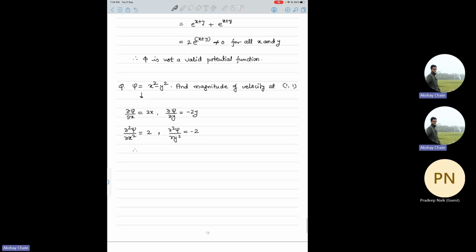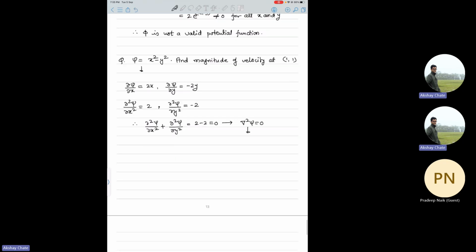Therefore, del square psi by del x square plus del square psi by del y square is 2 minus 2, which is 0. This means Laplace of psi is 0, and therefore it is a valid stream function. So like that, you need to do the first check.